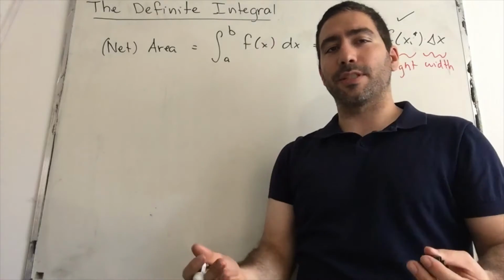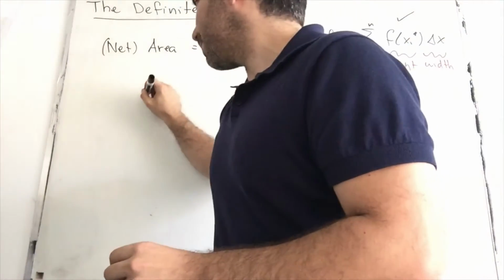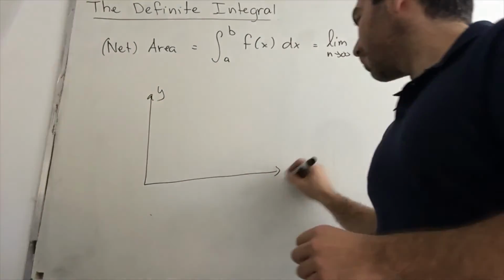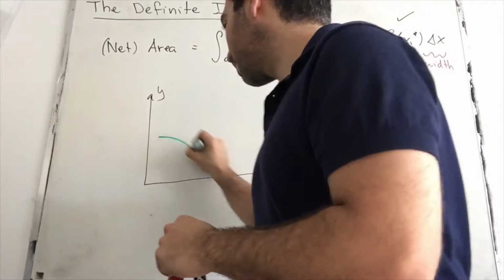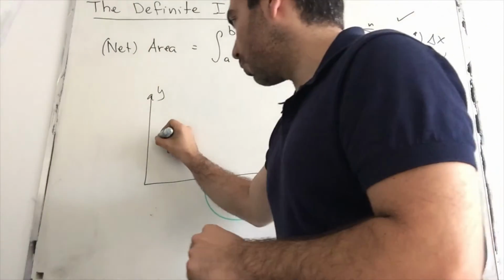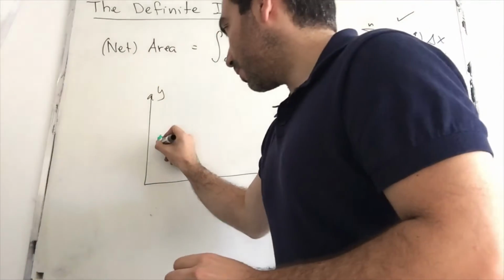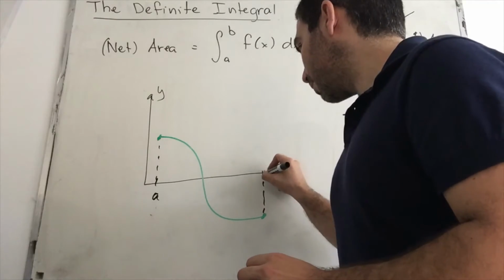Why am I emphasizing the word net? The reason is if we consider this green function here, let me draw it in green, something like this. It's always on a closed interval from a to b. This is a, this is b.